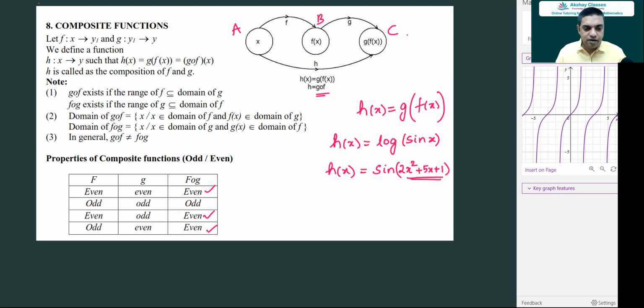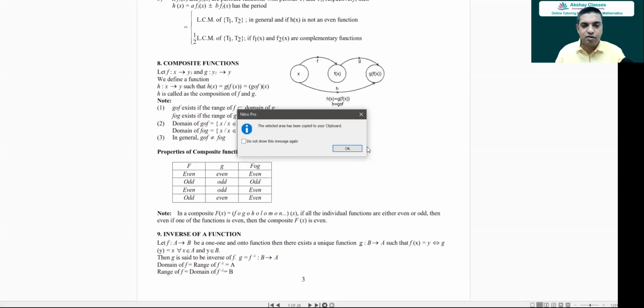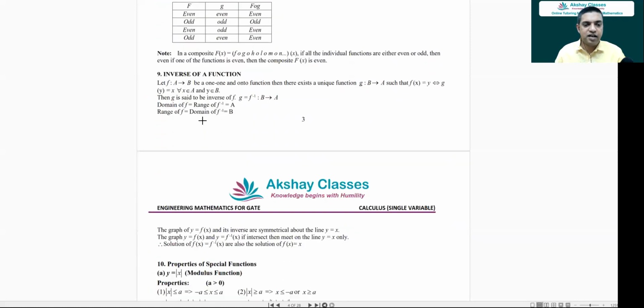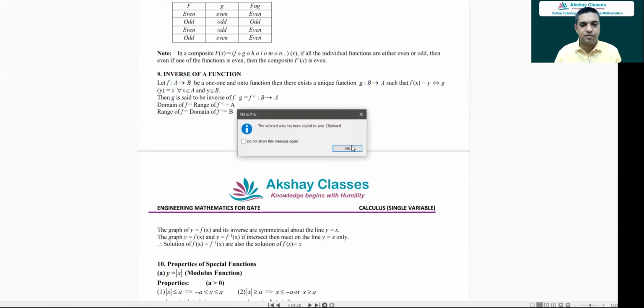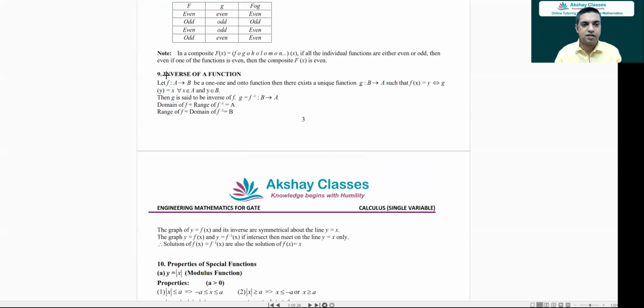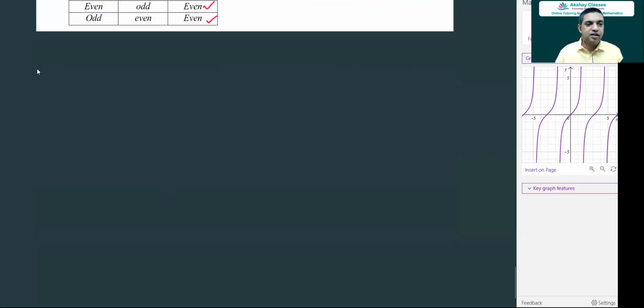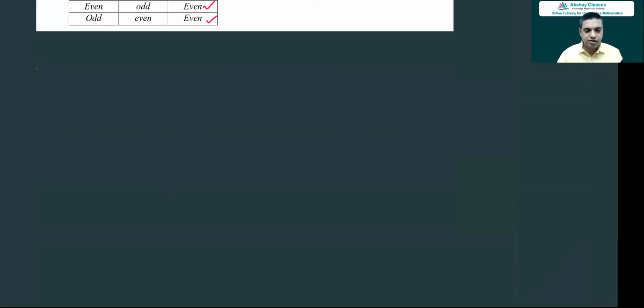So this is the basics of functions, and we know what are inverse functions. If f maps A to B, f inverse maps B to A. That is the inverse.